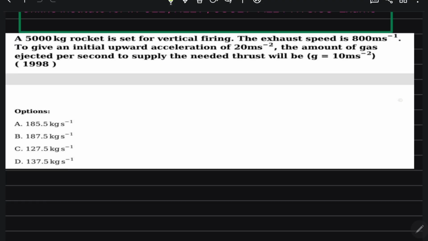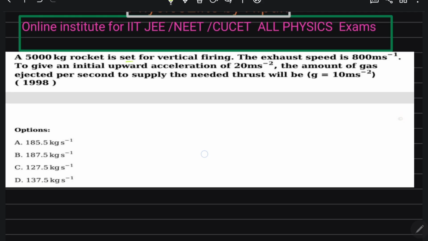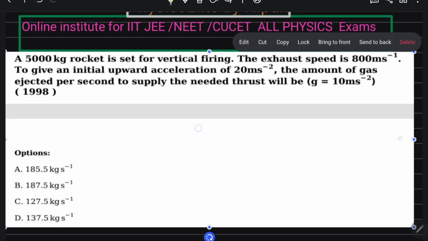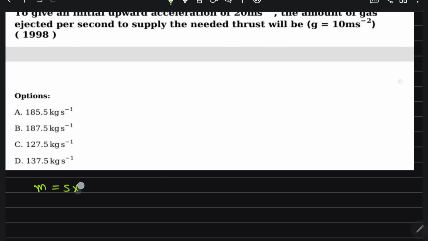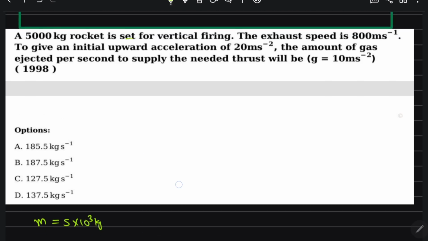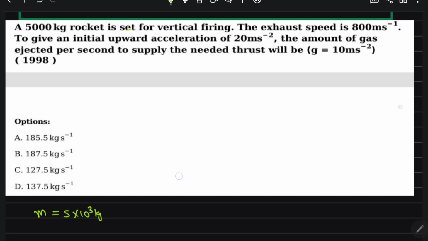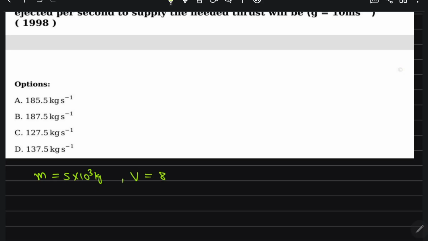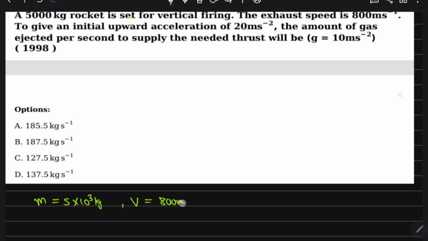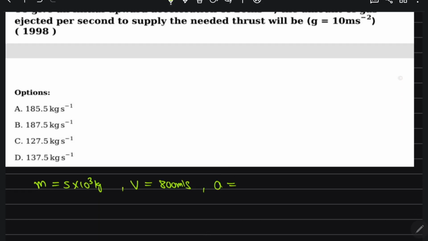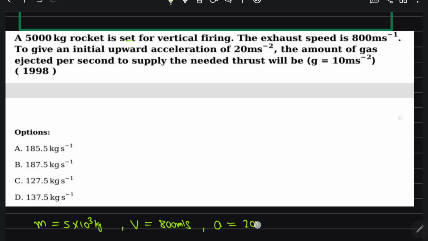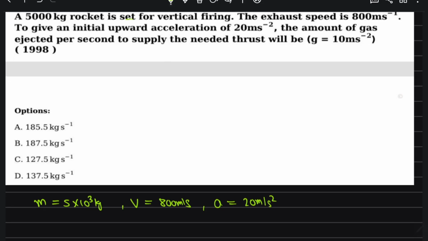A 5,000 kg rocket is set for a vertical firing. 5,000 kg means the mass they have given is 5 into 10 to the power 3 kg. The exhaust speed is 800 meter per second. To give an initial upward acceleration of 20 meter per second square, the amount of gas ejected per second to supply the needed thrust will be.